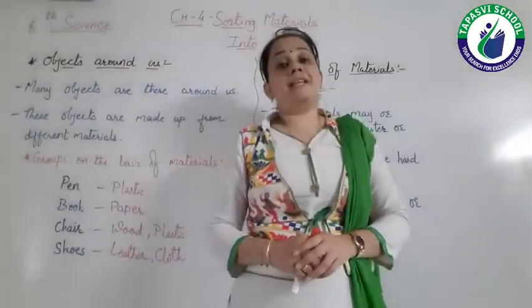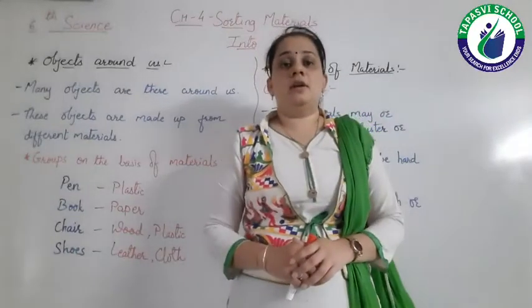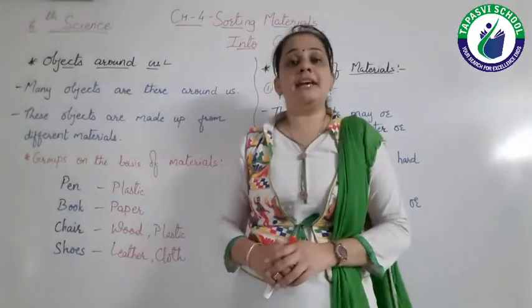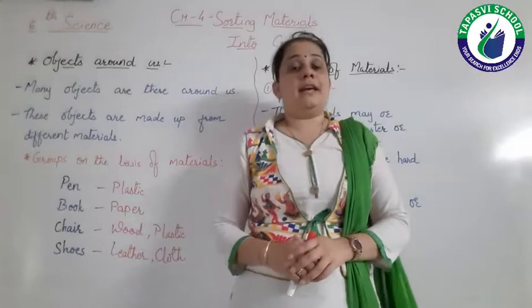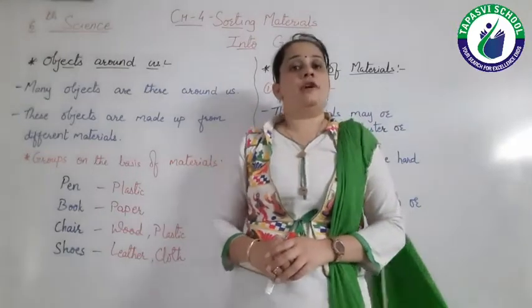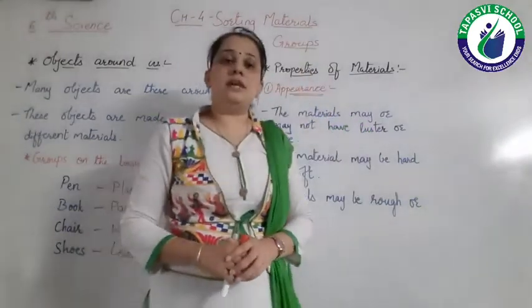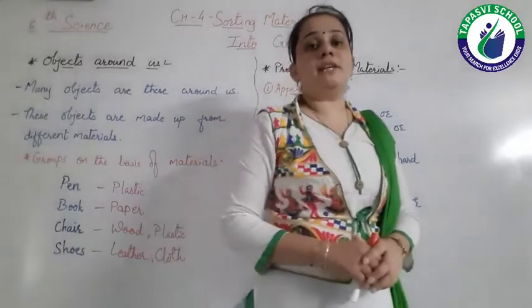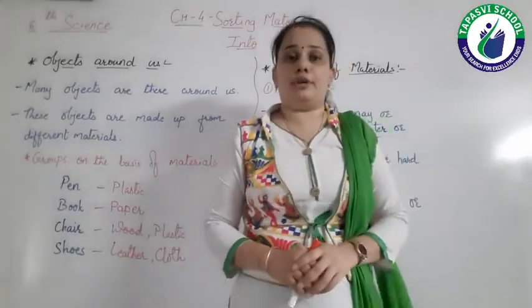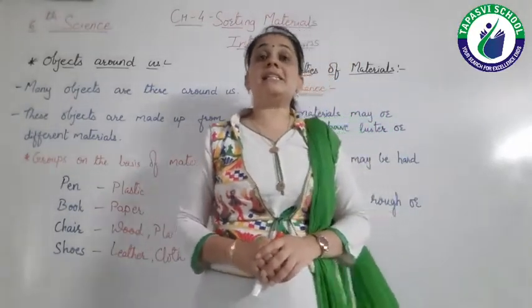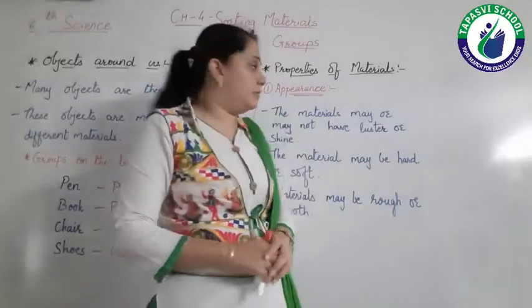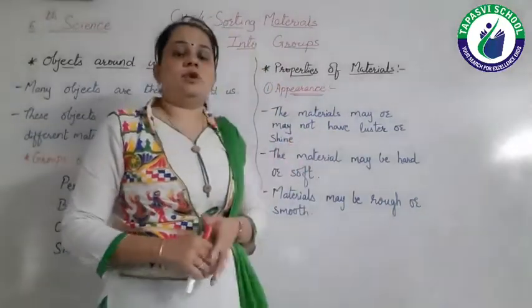Now, on the basis of appearance, what we have to take in consideration that we study. First, we have to see whether the given object shines or not. Means it has luster or not. Luster means shine. Okay.